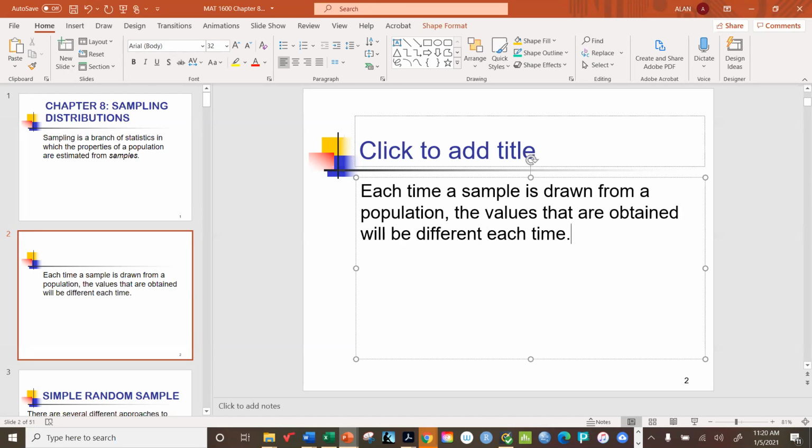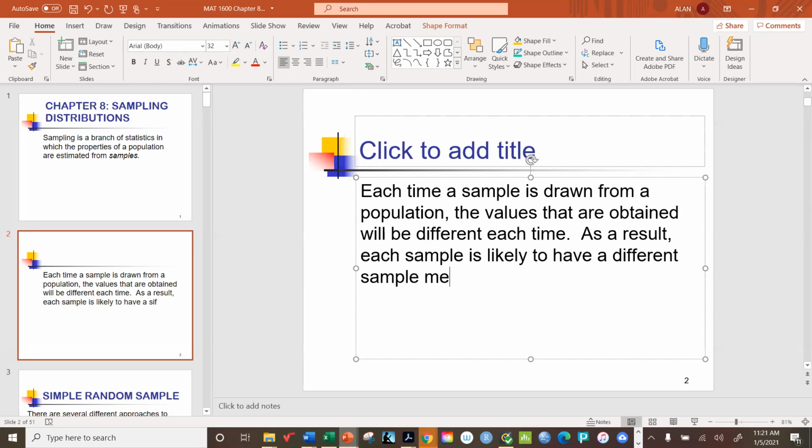If you're randomly sampling people and asking them their ages, every time you pick a new group from the population, you're going to get different numbers. And as a result, each sample is likely to have a different sample mean.